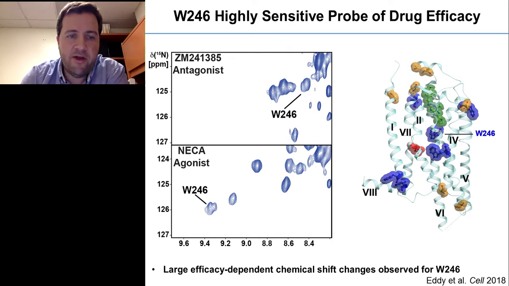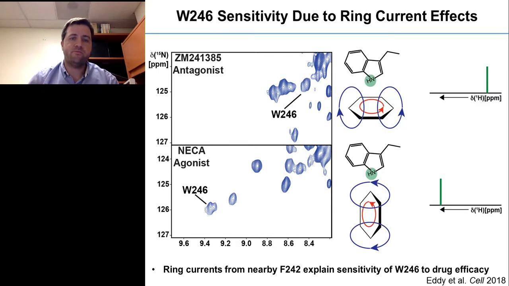In this complex, we've assigned the signal for tryptophan 246, which is all the way over on the lower left side of the window, roughly about 1 ppm difference in chemical shifts between the two complexes. This is a very large efficacy-dependent chemical shift that's observed for this toggle switch tryptophan.